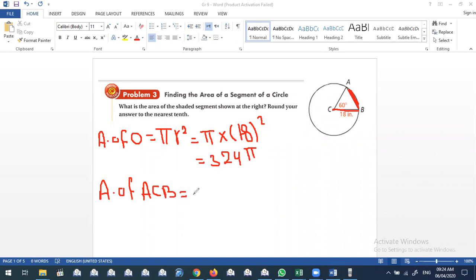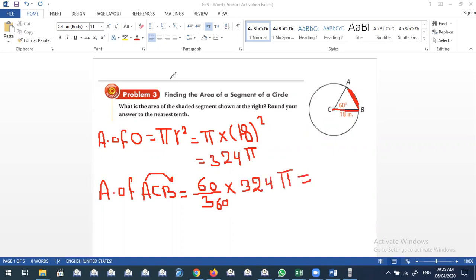Sector ACB equals measure of the arc AB. The arc AB, its measure is 60. So 60 over 360 times area of the circle, which is 324 pi.